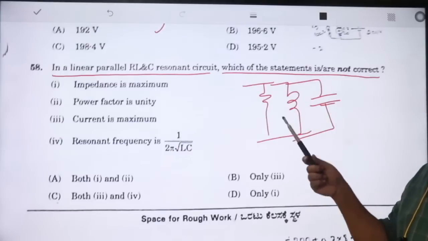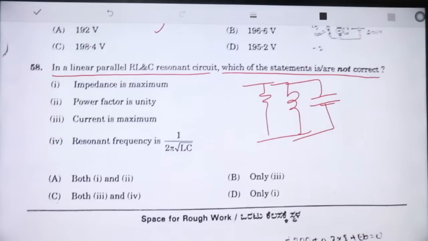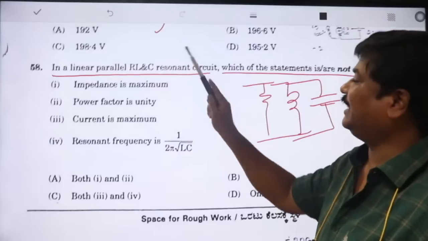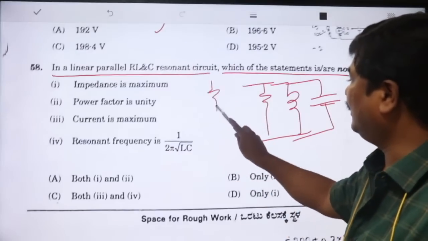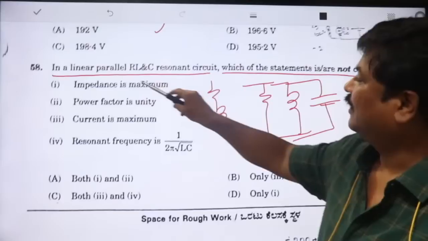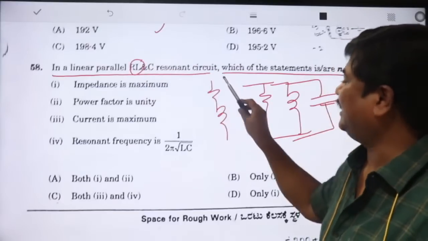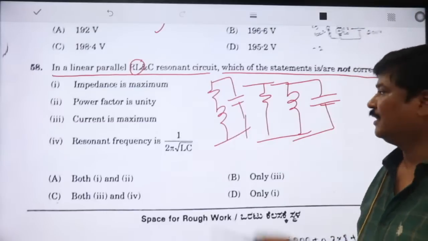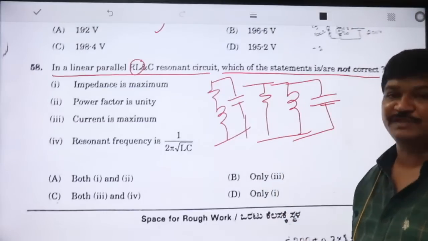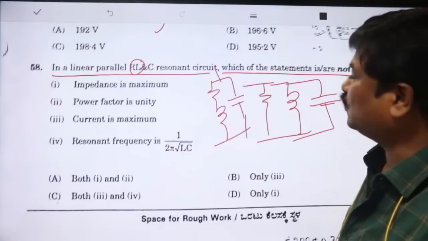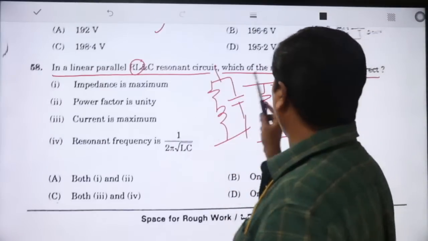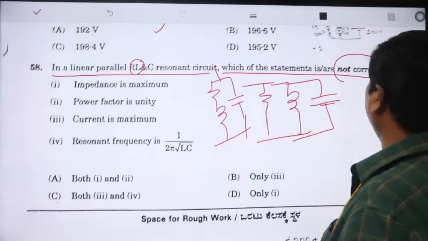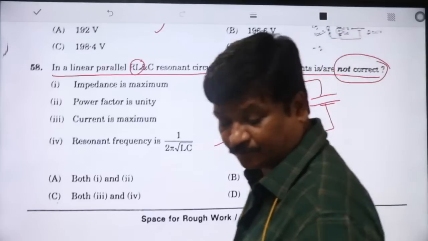R and L in parallel to C. This is the circuit. Then we have to see which of the following is not correct. We have to find the incorrect one.